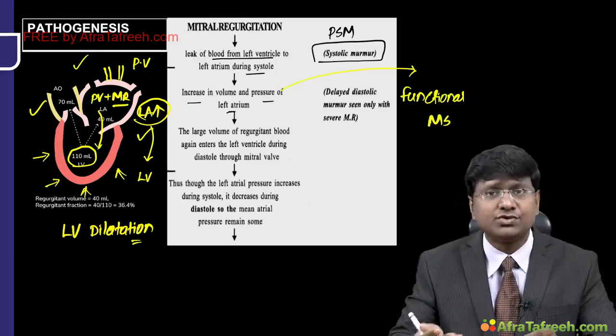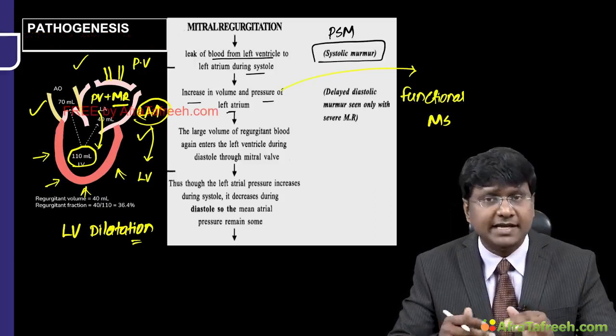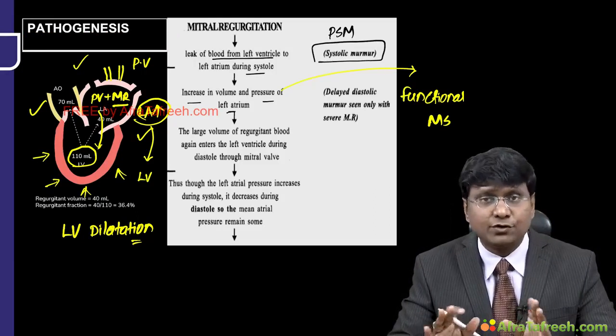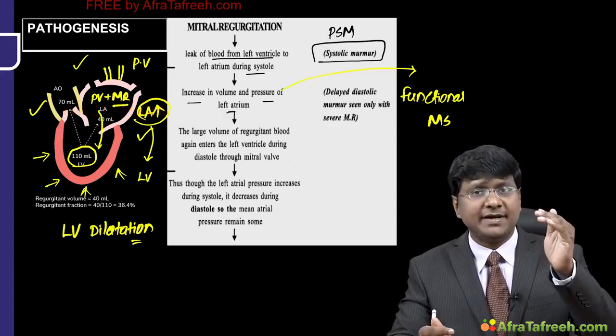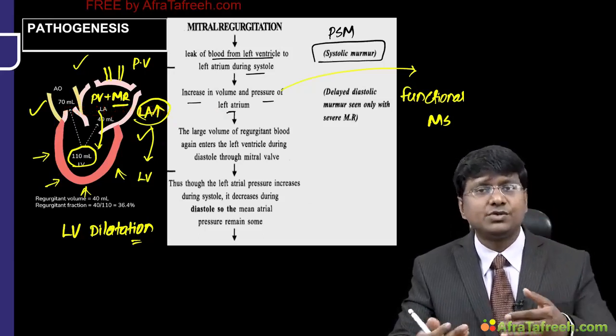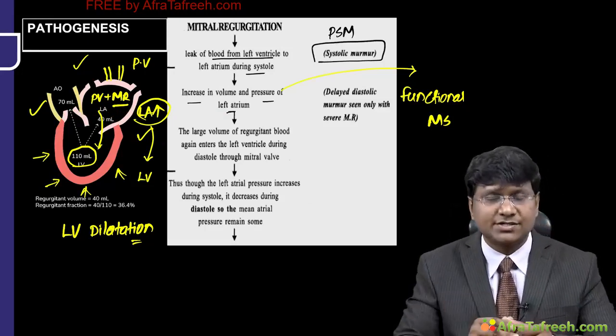Actually, mitral stenosis is not there. In primary MR the valve area is normal, 4 to 6 centimeters squared. But the amount of blood coming from LA to LV is more than normal, so the mitral valve annulus behaves as a functional mitral stenosis.